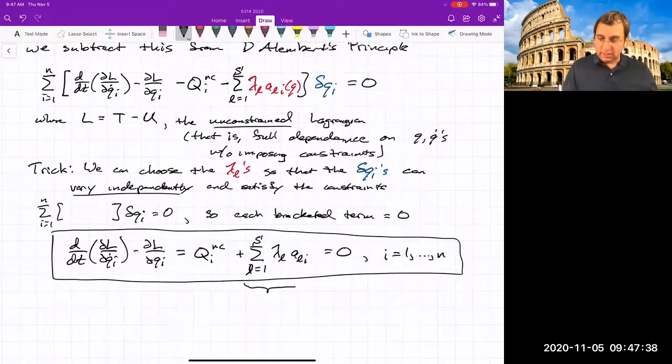So this is what we have for Lagrange's equations when there are constraints on the q's. And last time we said, what is this? I used the notation capital C_i. This is the generalized force of constraint.